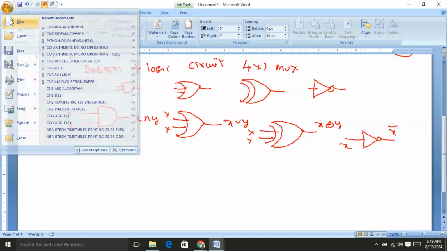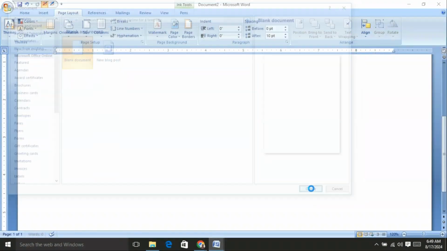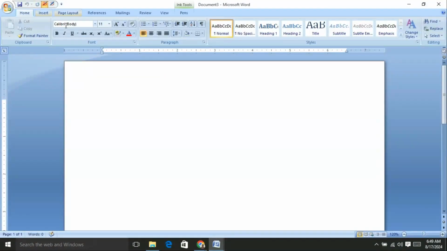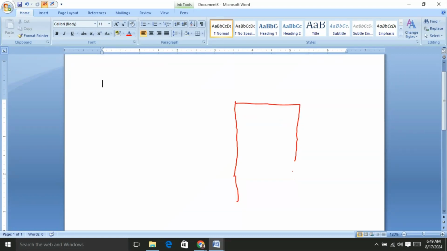Please wait, I will show you how I am going to draw it here. I am going to draw the logic circuit. First of all, I am going to consider one 4 by 1 multiplexer, a very big 4 by 1 multiplexer.